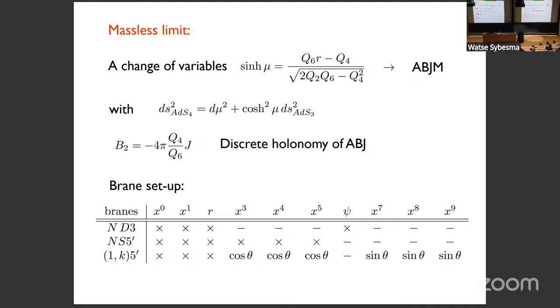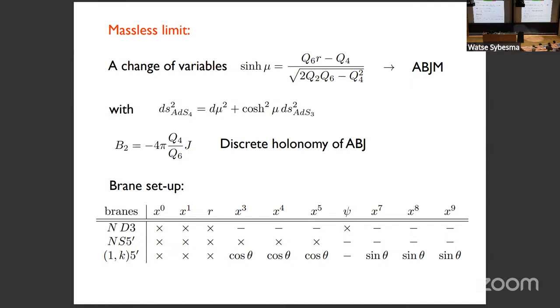Nicely, when we take the massless limit, we can do a change of variables going from R to this new variable mu. And in that case, we recover the ABJM geometry in type IIA. Basically, AdS3 and the R direction combine because you get this nice way of writing the AdS4.